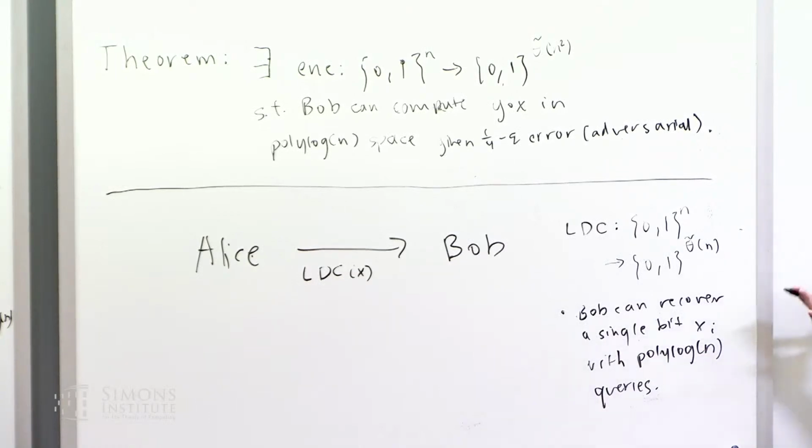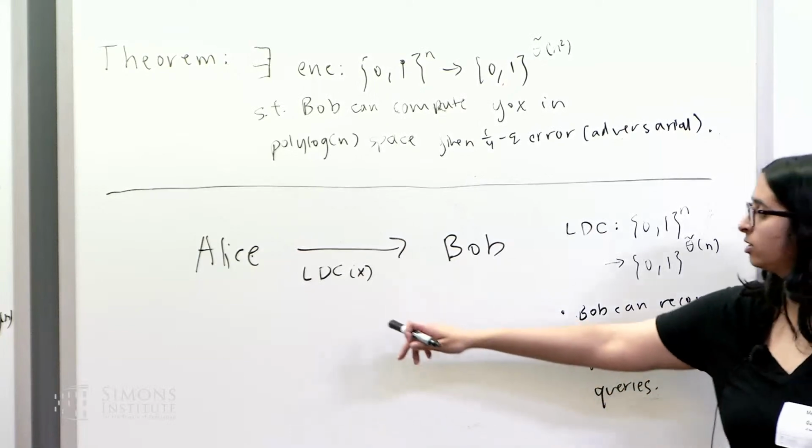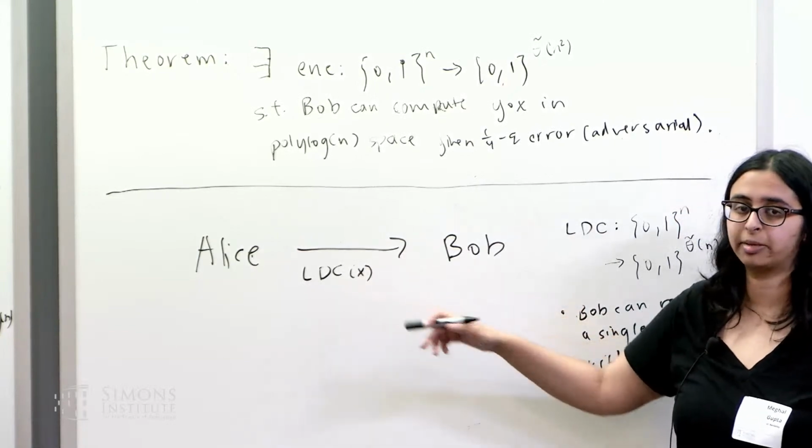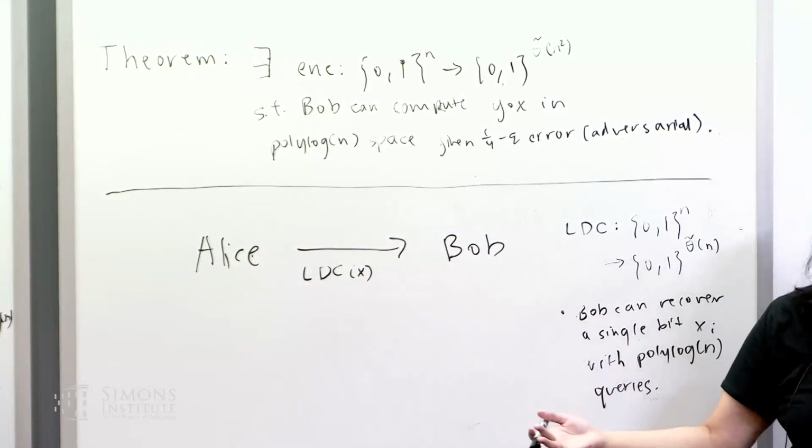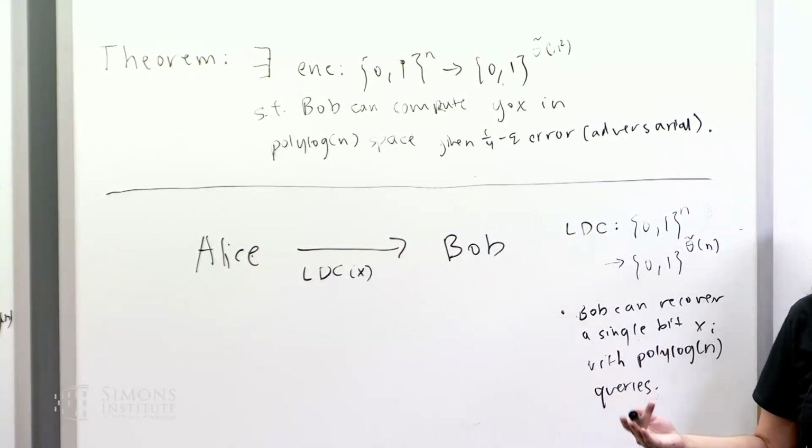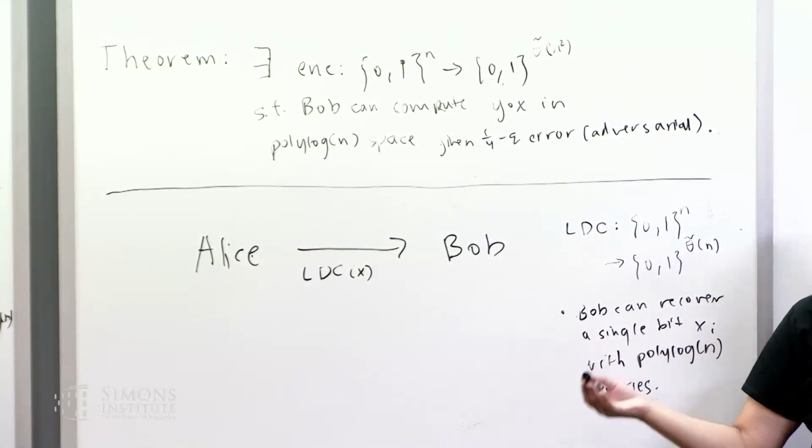What that means is he has a randomized process for choosing polylog n locations of the encoded message and just querying those locations, and then he can recover xi. The reason this is important is that if he receives the LDC in a streaming manner, he only needs polylog n bits of space to recover xi, because there are only polylog n indices that he ever needs to read.